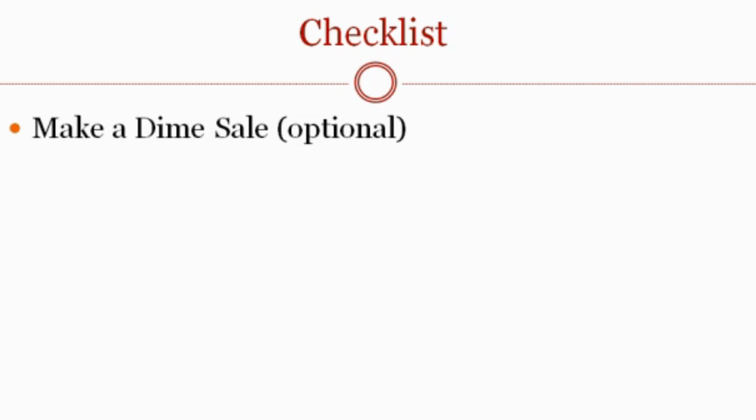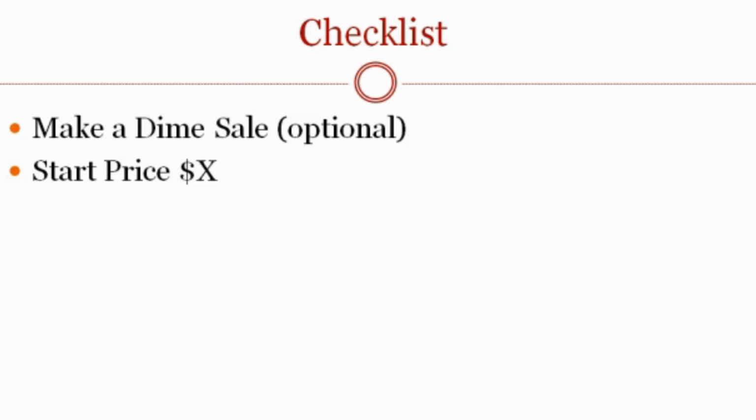If you do want to make a dime sale, and of course if you don't, you can always fast forward to the next slide. But a dime sale basically means that you start at a lower price and then every time somebody buys, it increases a certain amount until it hits a maximum price.